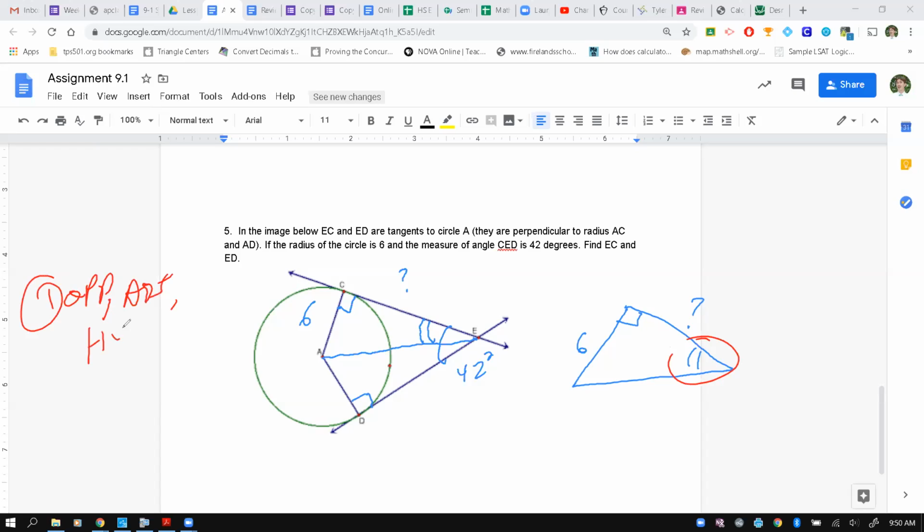What is the hypotenuse? And then what equation relates my given to what I'm trying to find? And then it's just like the problems above. And then you could use the same technique to find the ED. All right. Thank you.